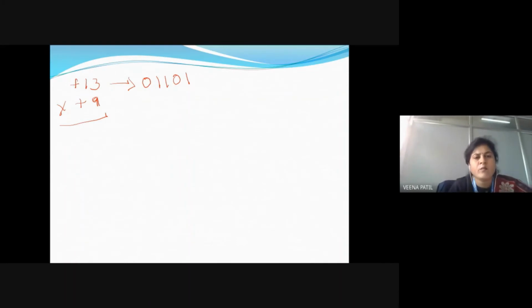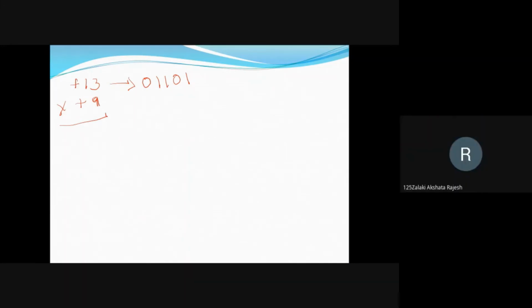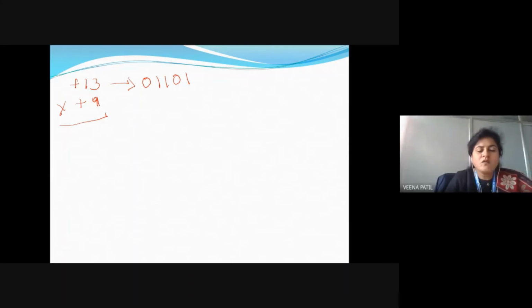01101 is 13. Why do I use 5 bits? Why not 4 bits? Because using 4 bits, I cannot represent -13.